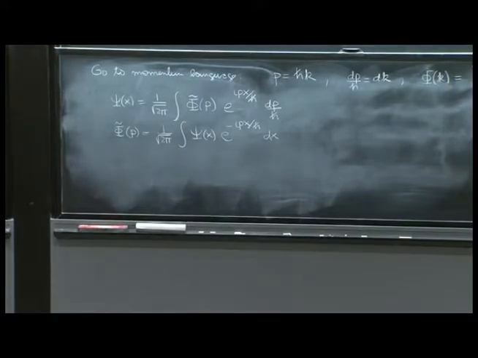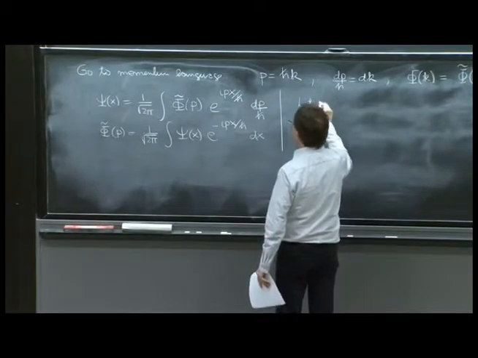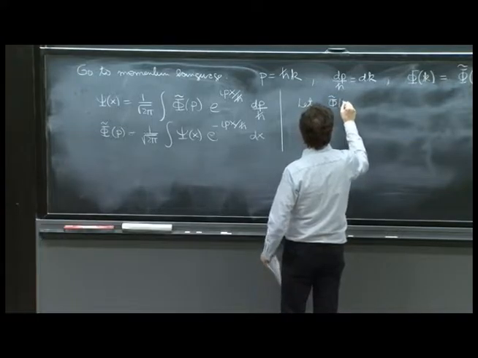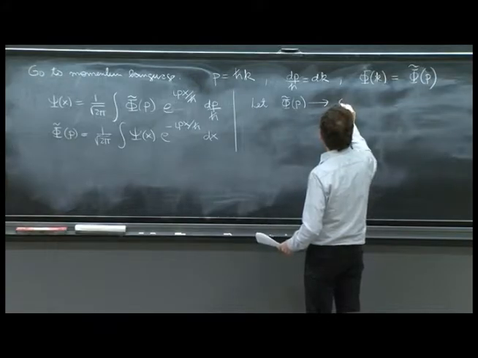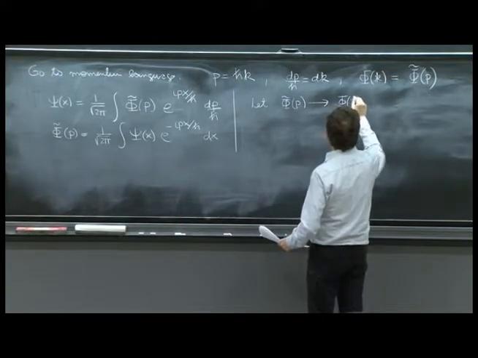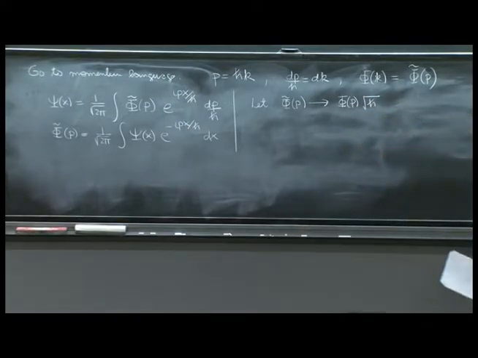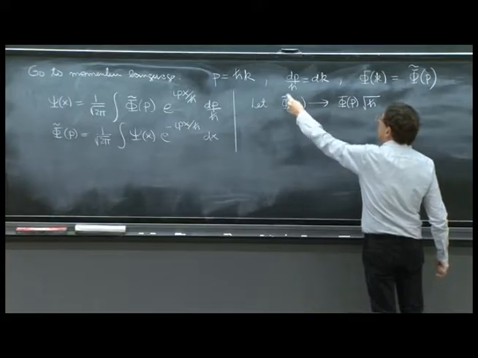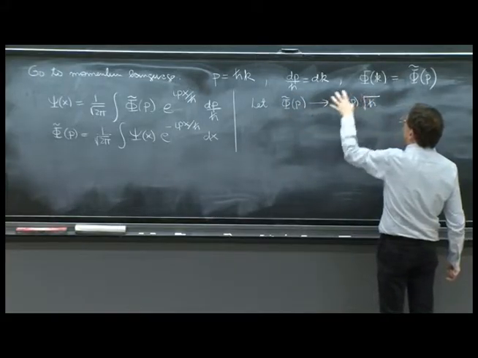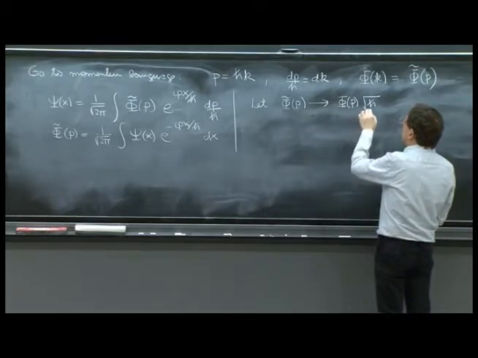For more symmetry, we're going to redefine phi tilde of p to be replaced by phi of p times square root of h bar. I'm doing this a little fast, but the idea is that this is a function I invented. I can just call it a little different, change its normalization to make it look good. You can put whatever you want.